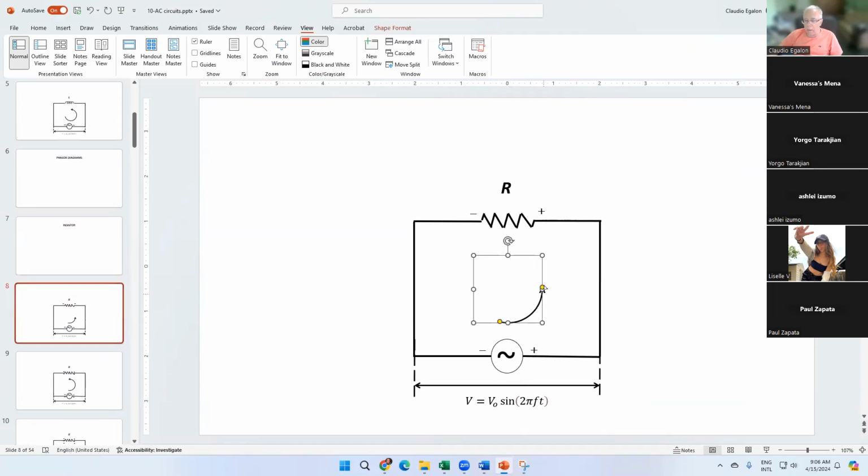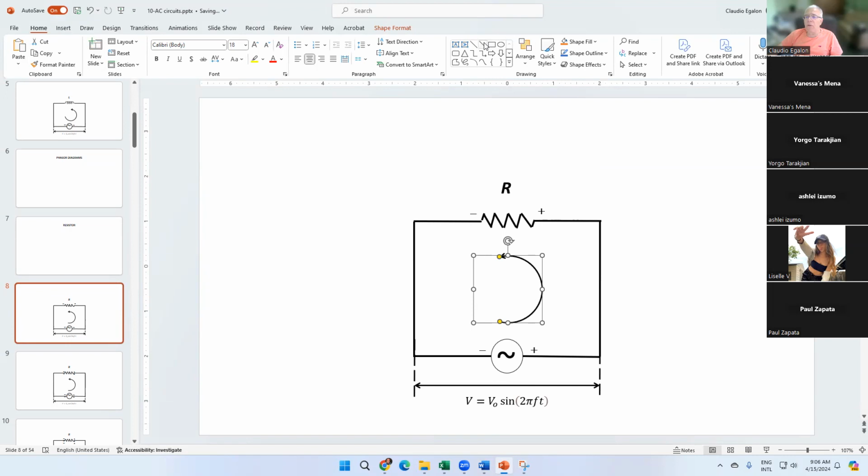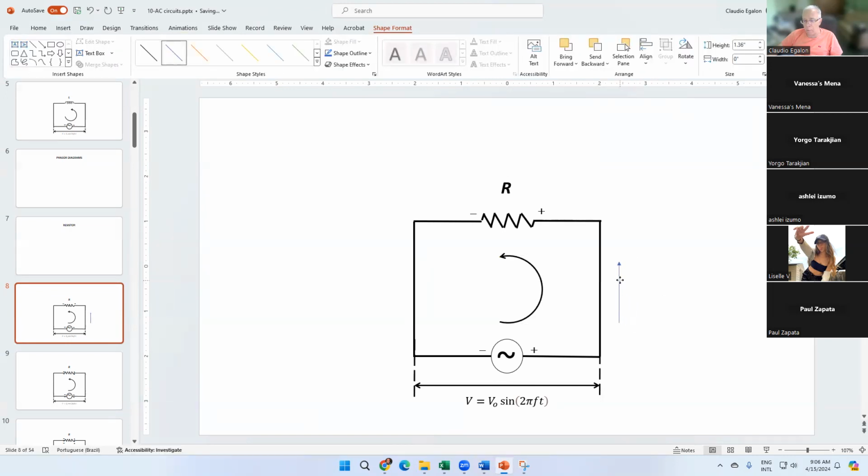You can put whatever direction you want. It doesn't matter. But we're going to choose the simplest direction. Here's the direction of the current in the same direction of the loop.